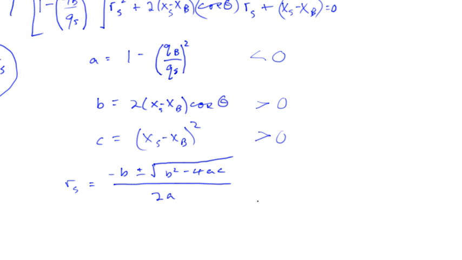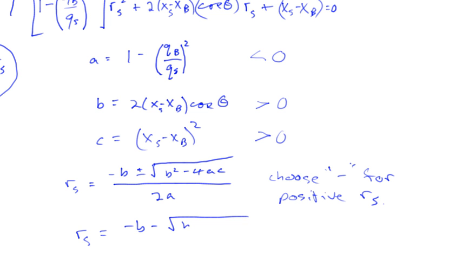So choose the minus sign for positive R sub S. So R sub S is equal to minus B minus square root of B squared minus 4AC all over 2A.